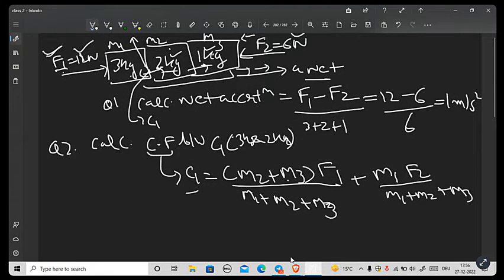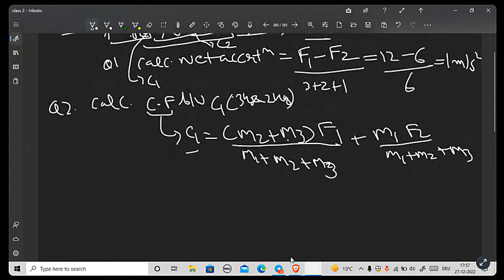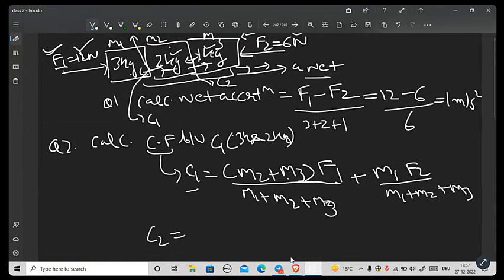Similarly, if you want to calculate the contact force between M2 and M3, that is between the 2 kg and the 1 kg block, let's call this C2. What will be the formula for C2? First, I will write the formula. What is this contact force doing between the 2 kg and the 1 kg block?